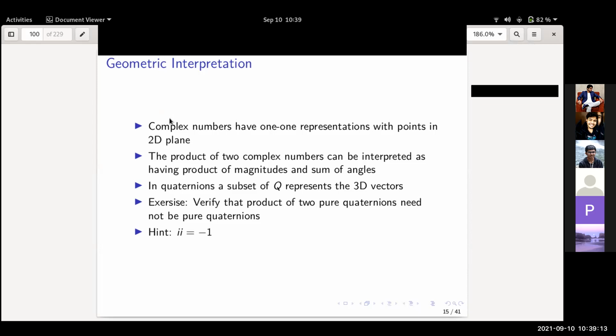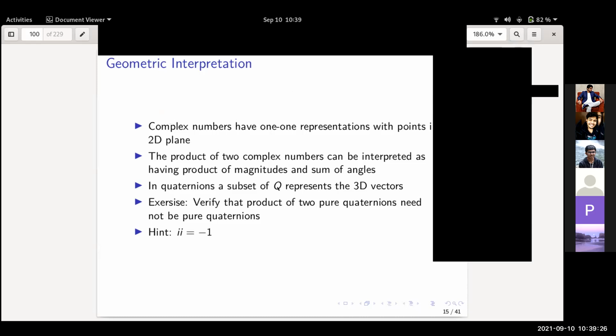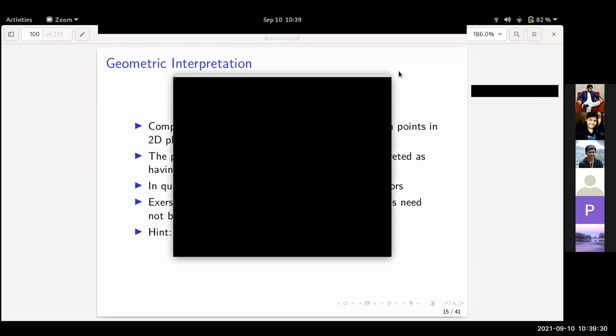Yes, your point is right, you can try all things. This is the one which gives you the required thing, but we are now going to redefine the product in a different way. It turns out that this interpretation is the most reasonable interpretation. Okay, what is this?